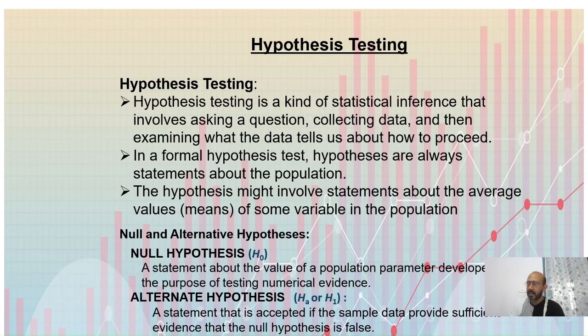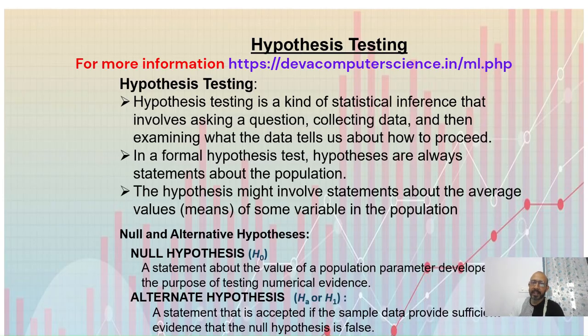Hypothesis testing is a kind of statistical inference that involves asking a question, collecting data, and then examining what the data tells us about how to proceed. In a formal hypothesis test, hypotheses are always statements about the population.